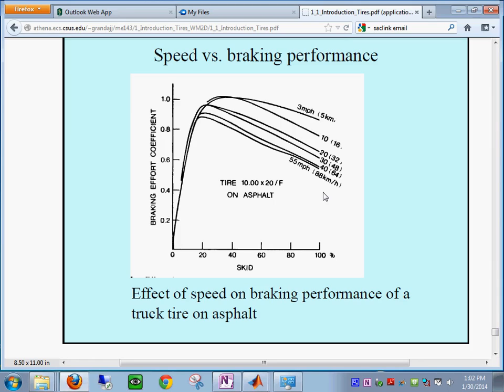Which one would be the most efficient? I would say the 10 miles an hour can brake really good.